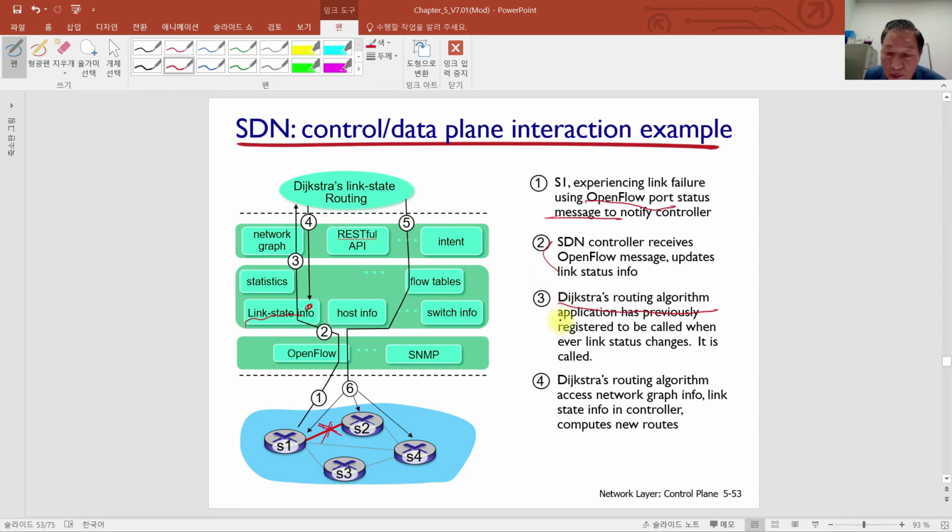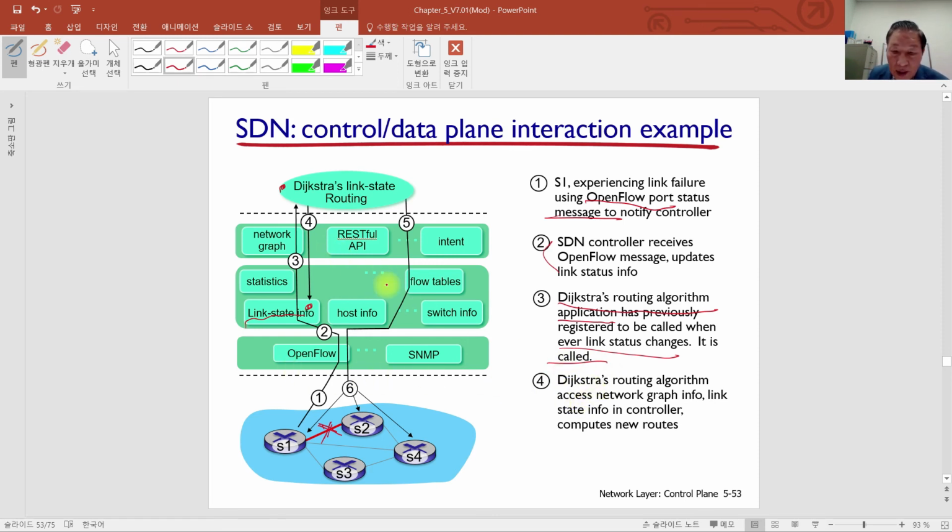This application was previously registered to be called whenever link status changes. If there is any change, then that information should be used in this algorithm. Thus that is being reported, based on interrupt. Why it is called.